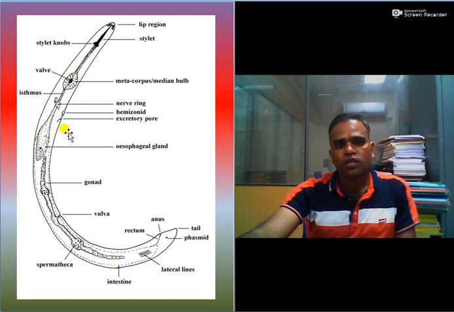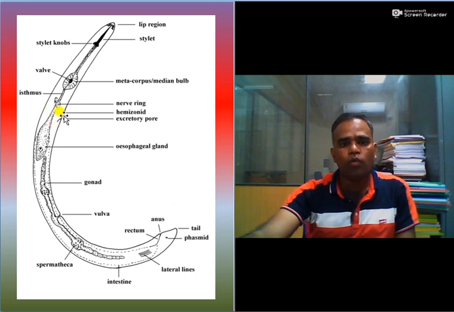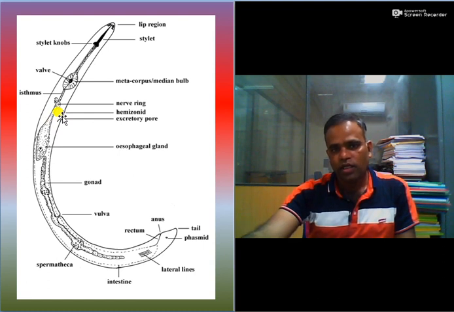Then the third system is the excretory system, which is present as a pore. It is called the excretory pore, and it is present ventrally in the nematode. Then there is the reproductive system.